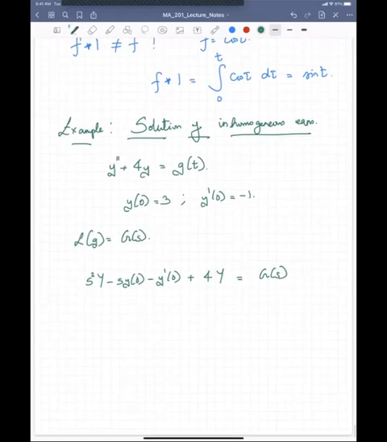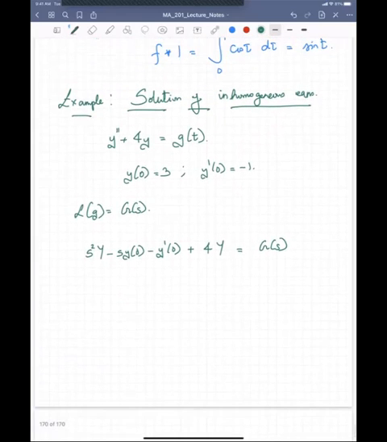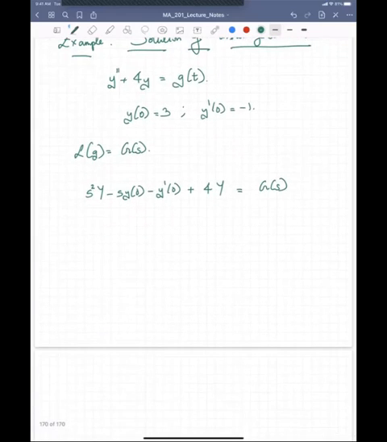And then you quickly see that y of 0 is given as 3 and y prime of 0 is given as -1. So put everything together: s squared Y minus 3s plus 1 plus 4Y equals capital G of s.